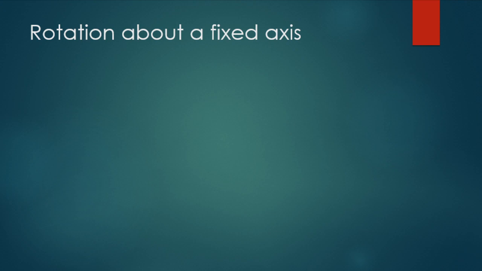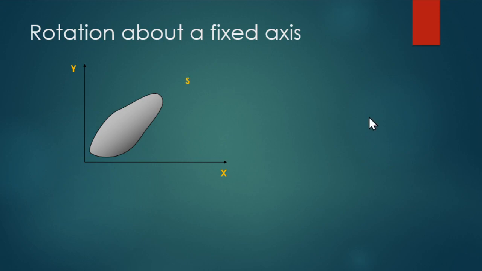For example, take this body, denoted as S. You have a particular point on that body, which we call point B, that is subjected to velocity.